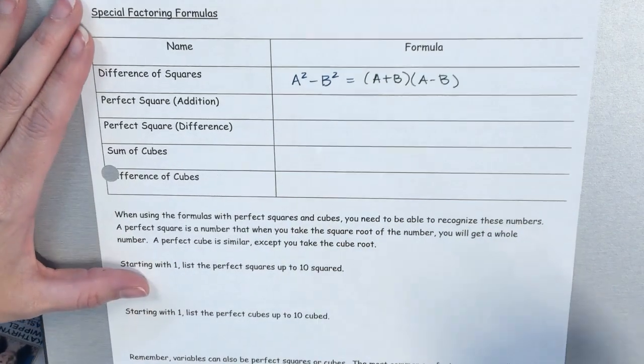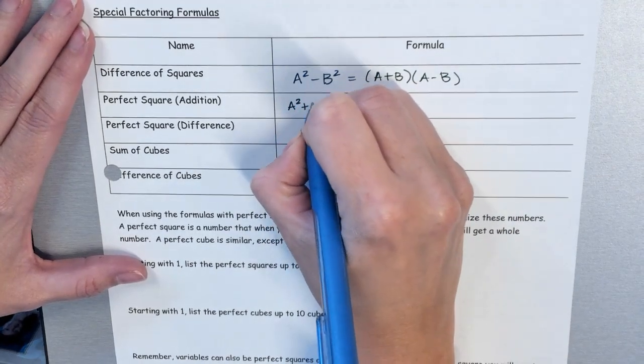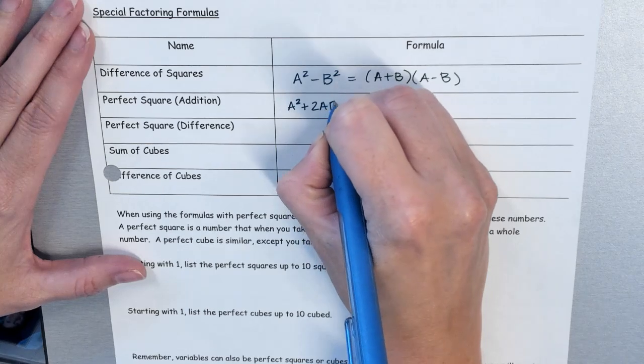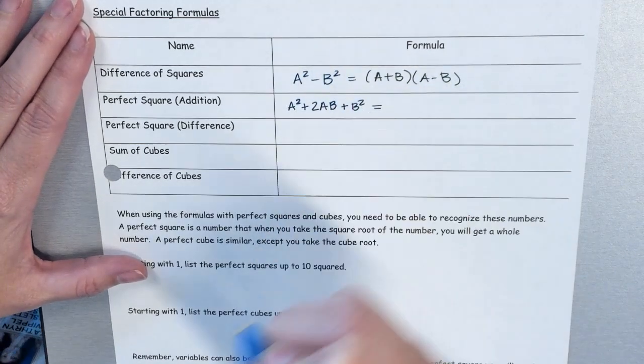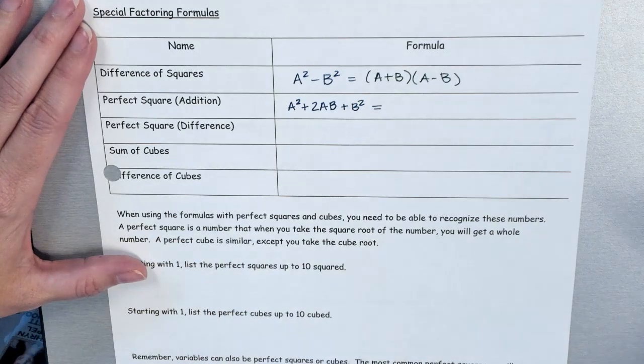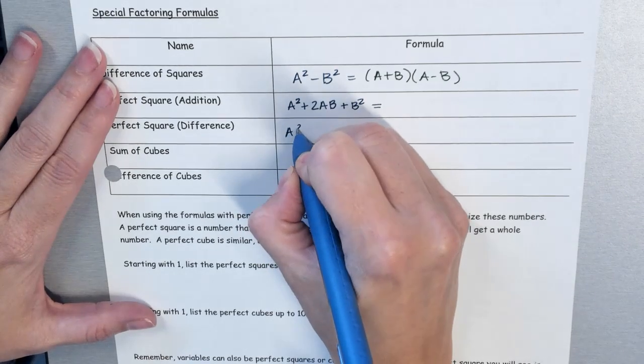You can also use the perfect square addition. And these aren't as common because you can FOIL, and a lot of people do that naturally with the perfect square addition and the perfect square subtraction.